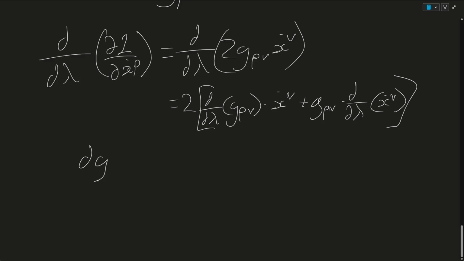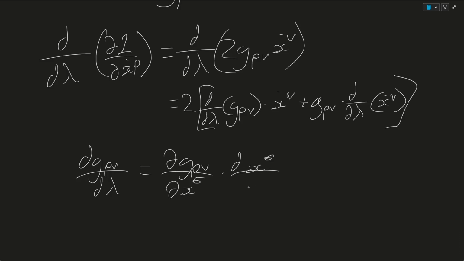So d g d lambda, I should just say that dg sub rho nu d lambda is partial g rho nu partial x to the sigma times dx to the sigma over d lambda, which is just, oh, that was a 2, partial sigma g rho nu times x dot to the sigma, because we know what that is, and yeah, that's just shorthand notation.